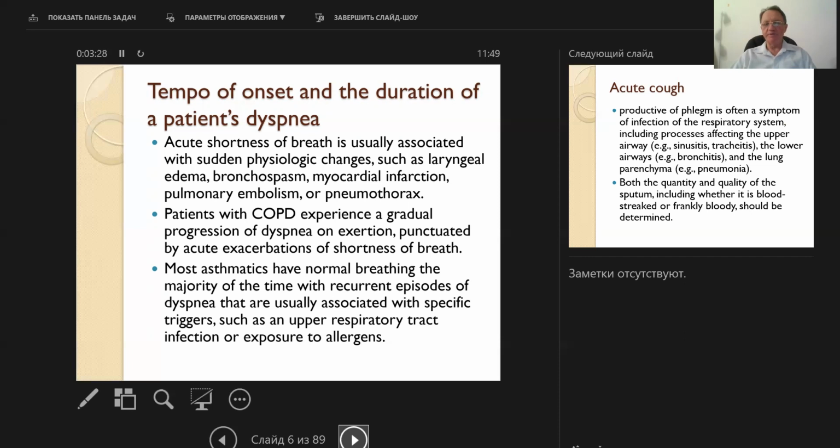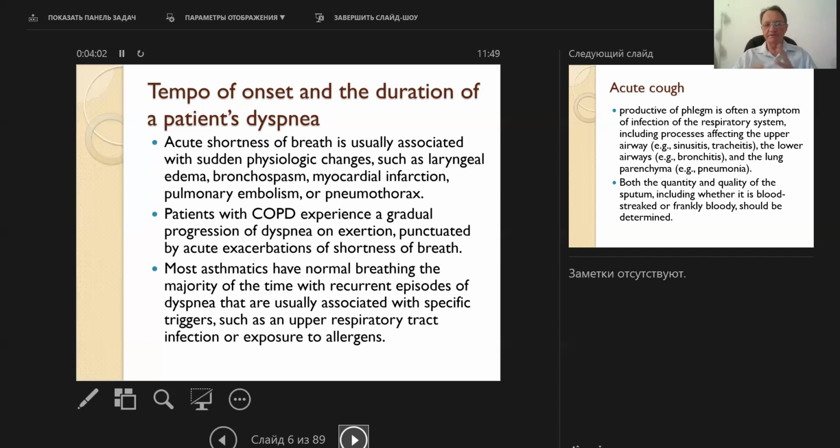A patient with COPD has experience of gradual progression of dyspnea on exertion, punctuated by acute exacerbations of shortness of breath. Sometimes when we meet a patient with COPD for the first time during an exacerbation, the patient complains like in an acute process.